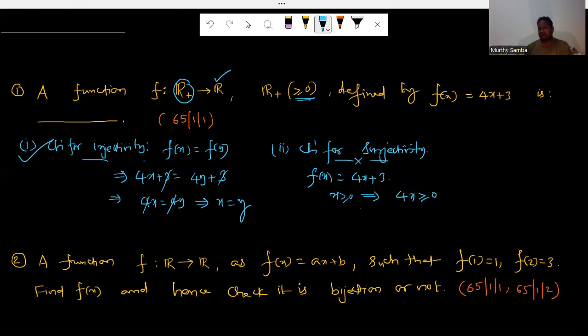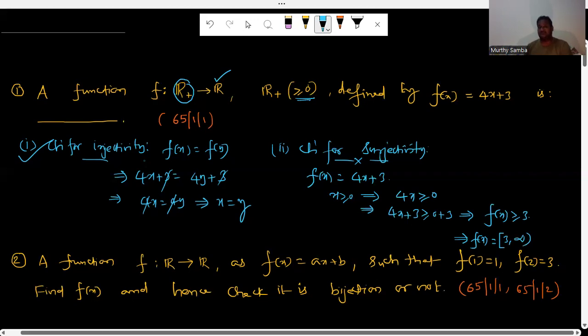Then add 3 on both sides: 4x plus 3 is greater than or equal to 0 plus 3. 4x plus 3 is nothing but your f of x, right? So f of x is greater than or equal to 3. That means f of x lies in the closed interval 3 to infinity. Therefore, the range of the function f is 3 to infinity.